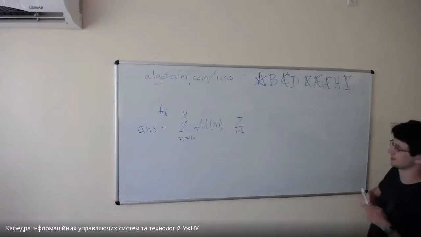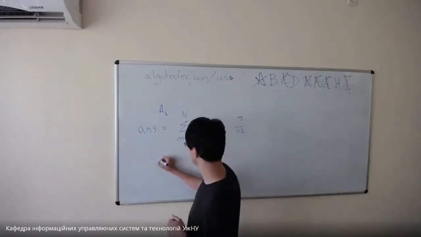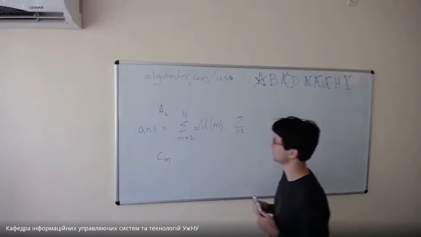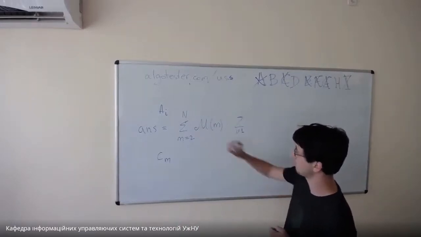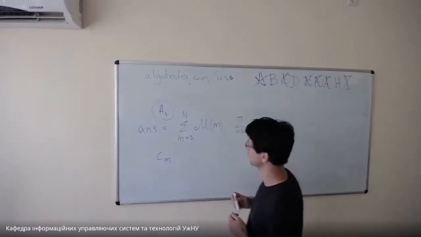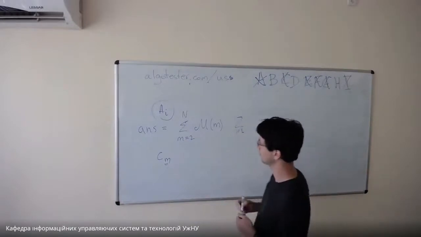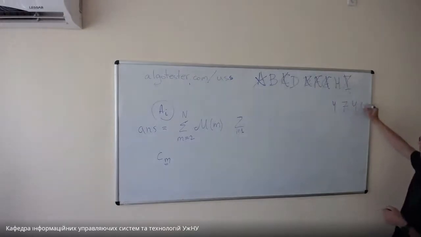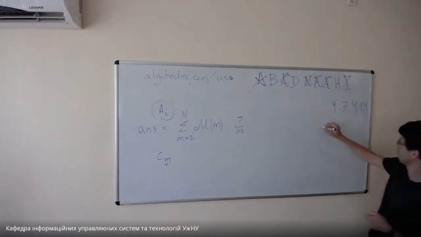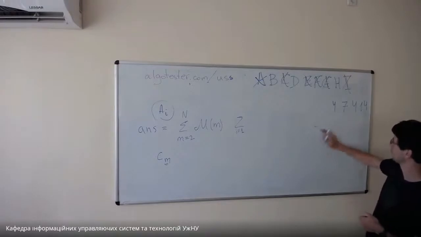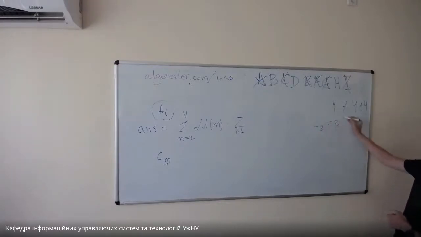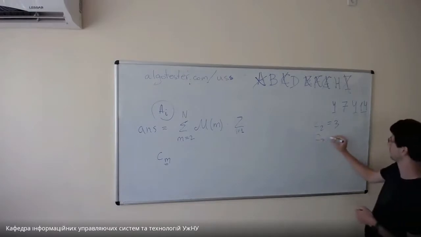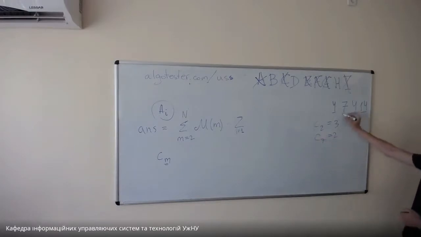Let's introduce some variables. Let C of m be equal to the number of elements from this array which are divisible by m. For example, if the array is 4, 7, 4, 14, then C of 2 will be equal to 3 because there are 3 numbers divisible by 2. And C of 7 will be equal to 2, as only 7 and 14 are divisible by 7.